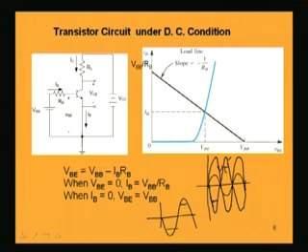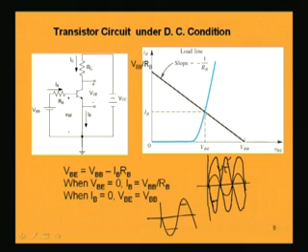And to ensure that, one point is important, that we must properly bias the transistor. So, the transistor must be biased properly, that means we have to again look into the DC conditions prevailing. So, I again consider the DC circuit which biases the transistor in the active region. So, if I consider the input circuit and draw the load line, then this is the input circuit DC biasing point.